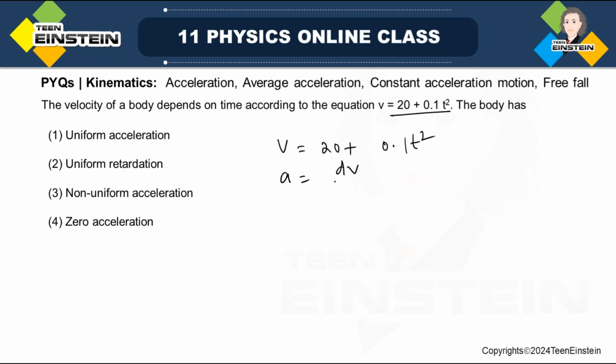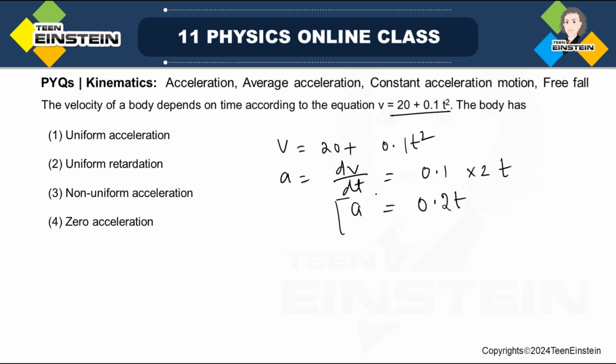Let us write that. That is 0.1 into 2t, that is 0.2 into t.